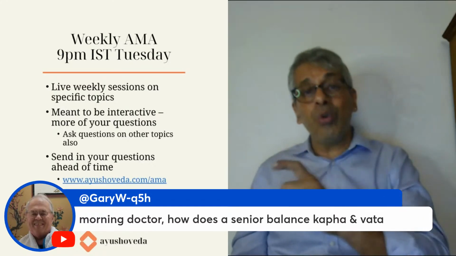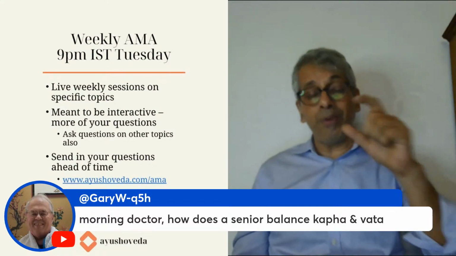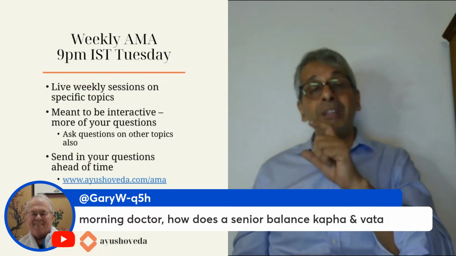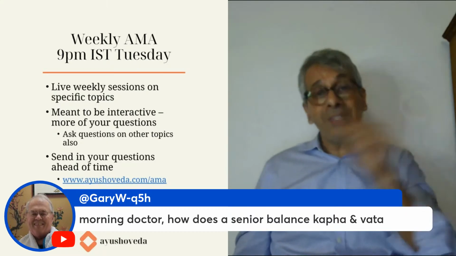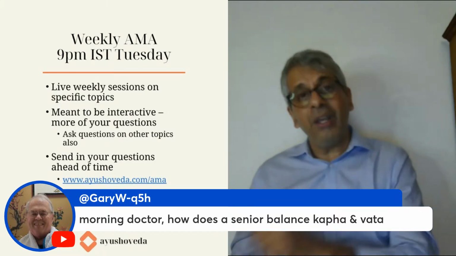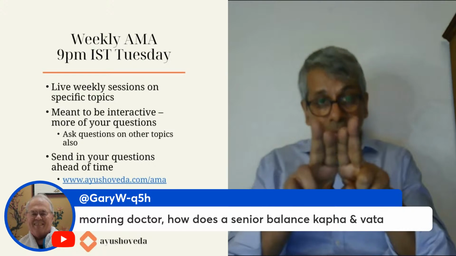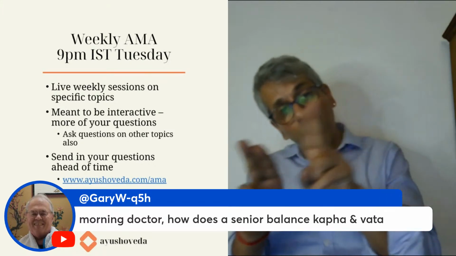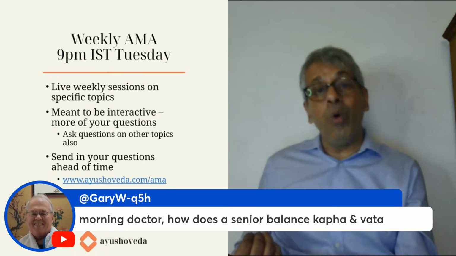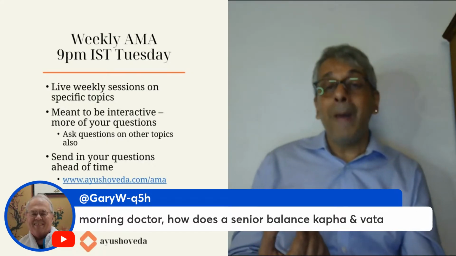As you grow old, if you're a kapha person, your bodily strength is much better than a predominantly vata person, because a vata person, as he ages, gets into the vata age. So his age and his prakriti become similar, and then you will have issues. But for a kapha person, when he slowly gets into old age, his strength is also much better.